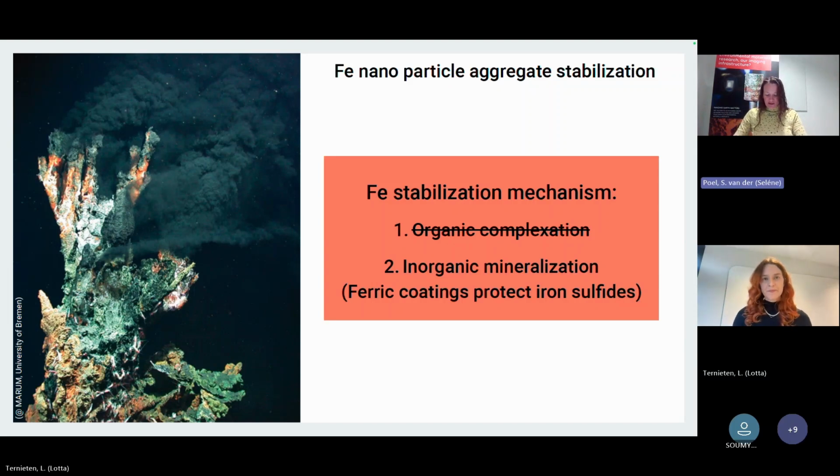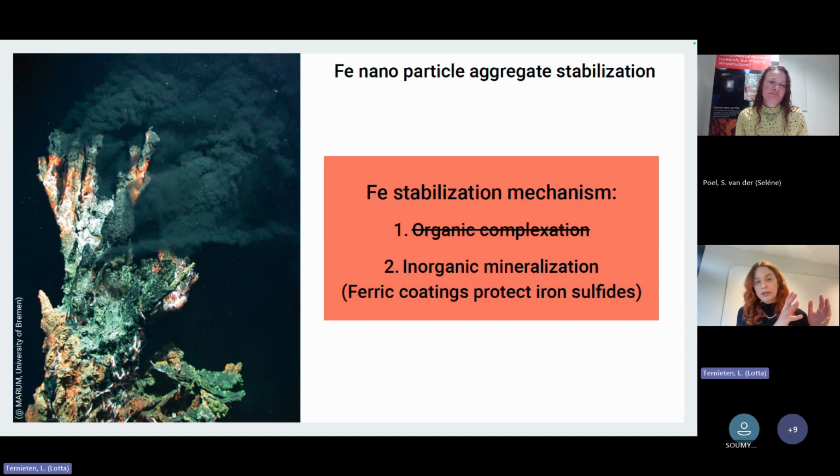Fantastic. And are there plans to scale up this research to other vent fields to maybe also get a bigger picture? Ideally, yes. So first of all, I definitely would love to have more information about these naturally buoyant plumes, because most of these really cool results are from the still buoyant plume directly above the venting.